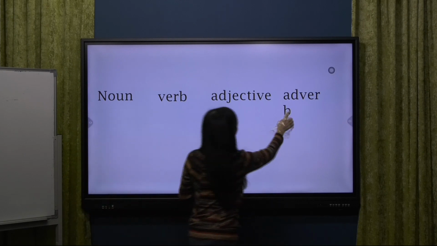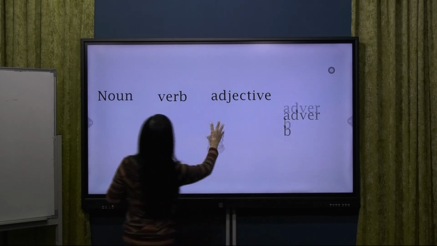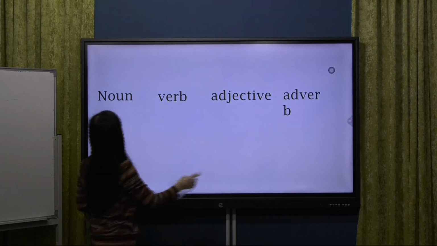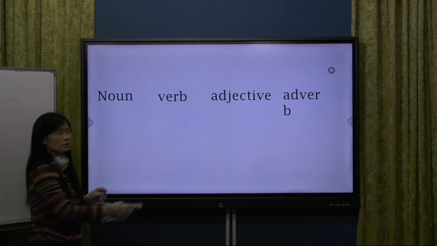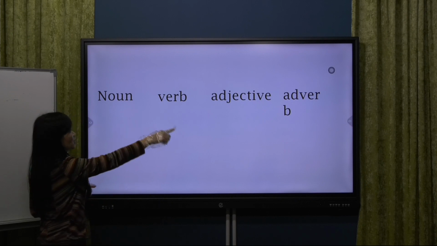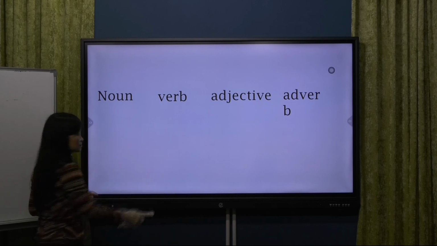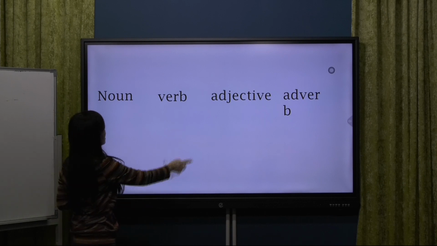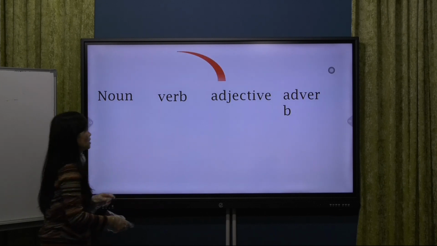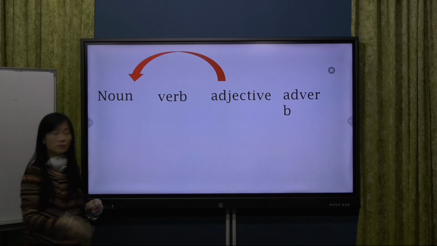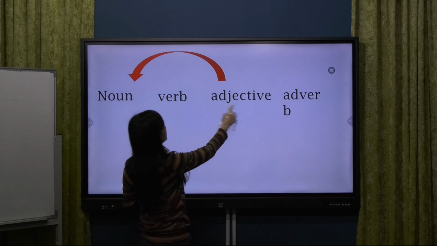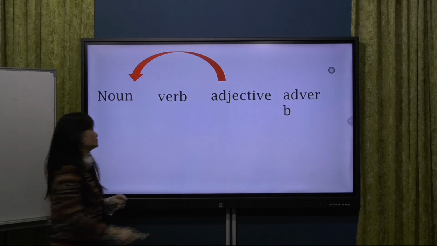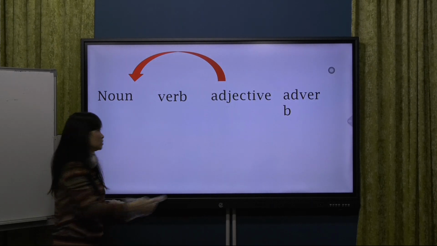So this is adverb. Maybe because of the screen, I remember: so the noun, the verb, the adjective, and the adverb. So what are the relations? Now, remember that ADJ, adjective, describes the noun. Now we are going to get the whole picture.